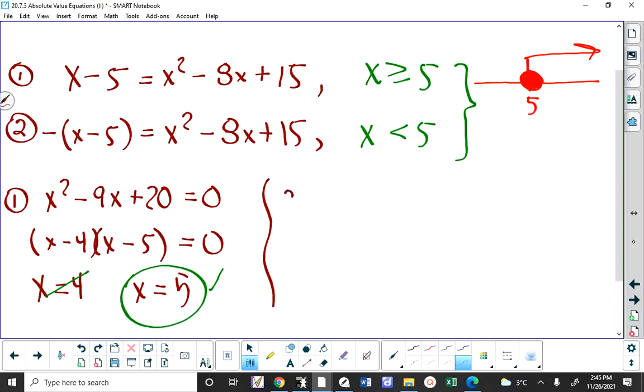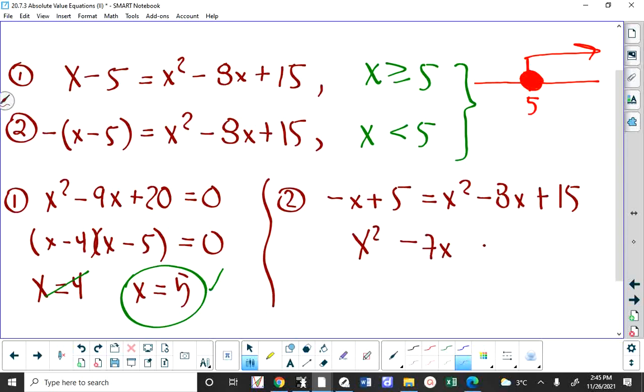Solve the second equation. We'll have negative x plus 5 equals x squared minus 8x plus 15. 0 the equation. You check my arithmetic there, please. I'm moving everything to the right-hand side.